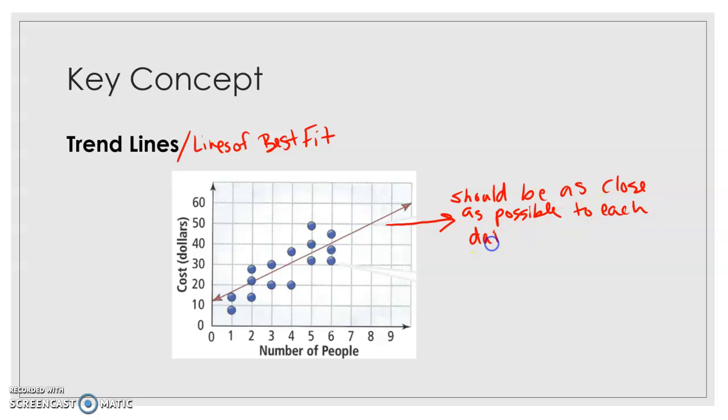So what that means is, maybe I know that has a positive association, but I'm not going to draw a line clear down here, because then I'm not close to these data points at the top. So I'm wanting my line to be as close as possible to each data point.